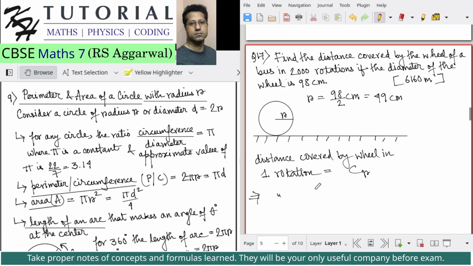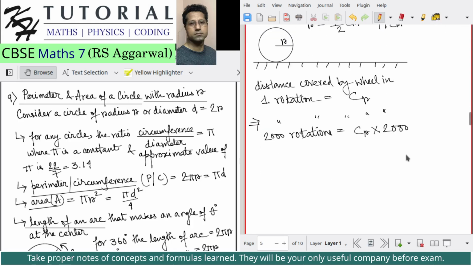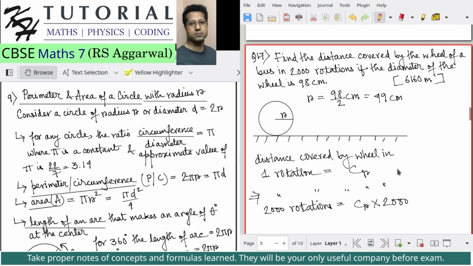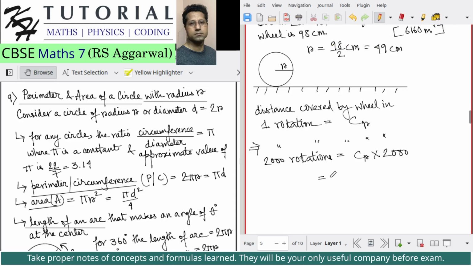So distance covered by wheel in 2000 rotations will be equal to C small r multiplied by 2000, where C small r is the circumference of the wheel. Now what is C small r? C small r is 2 pi small r, multiplied by 2000.